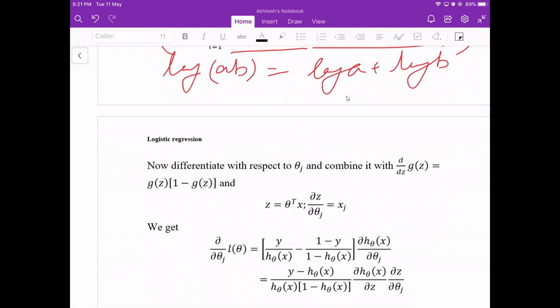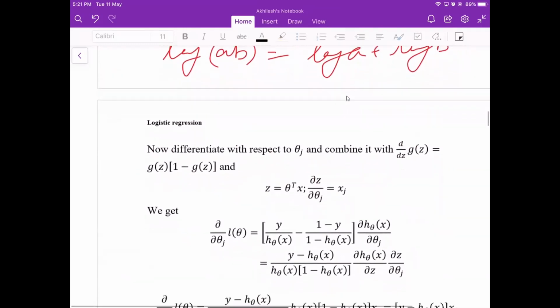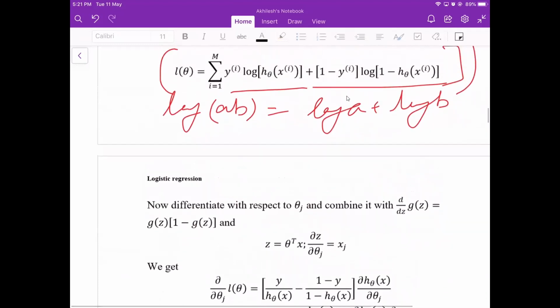Okay, now we differentiate this log likelihood function with respect to theta. Theta means all the thetas, and we combine it with the previous derivation.